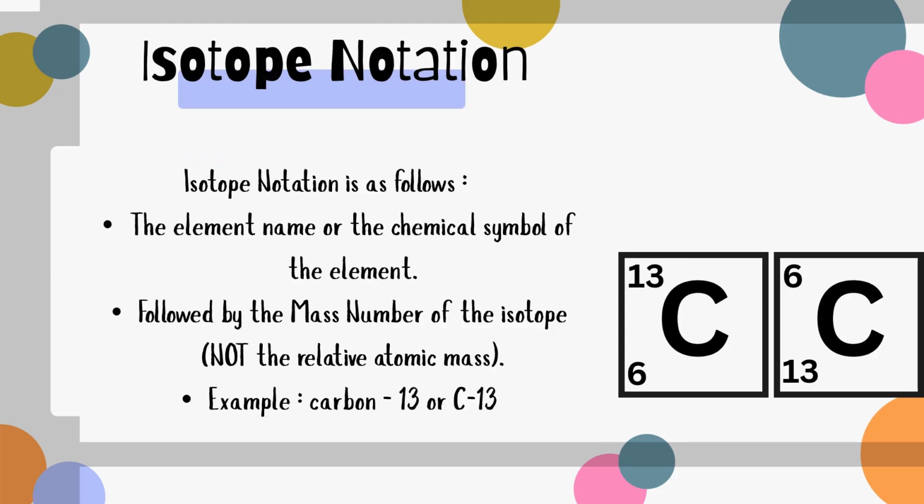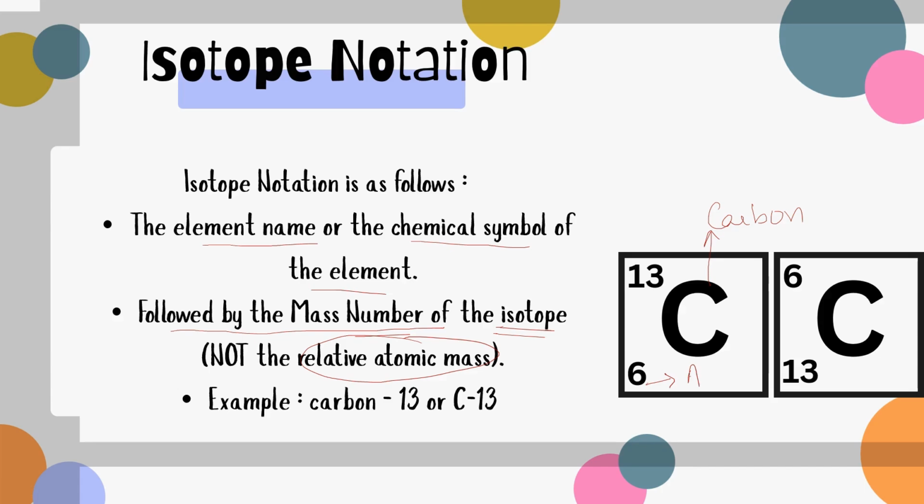Isotope notation is as follows. The element name or the chemical symbol of the element is written first, followed by the mass number of the isotope, not the relative atomic mass. For example, carbon 13 or C13. This represents carbon.